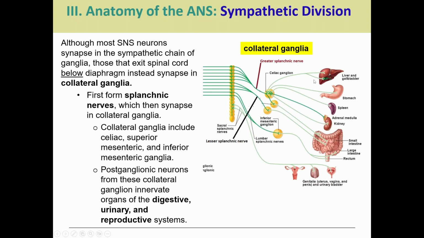Again, look at what they're innervating. It's generally things involved with the GI tract, as well as reproduction and urinary output, which are below the diaphragm. When the axons leave the spinal cord, the ganglia are off of that chain.